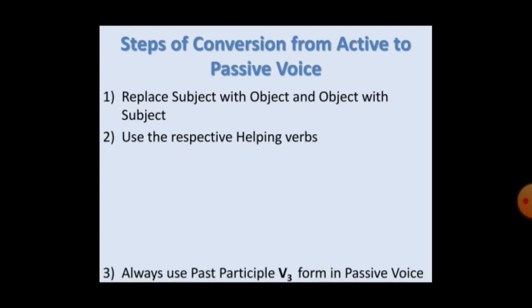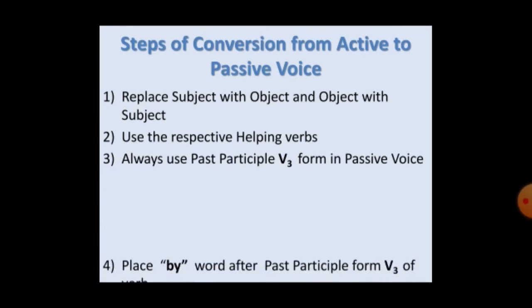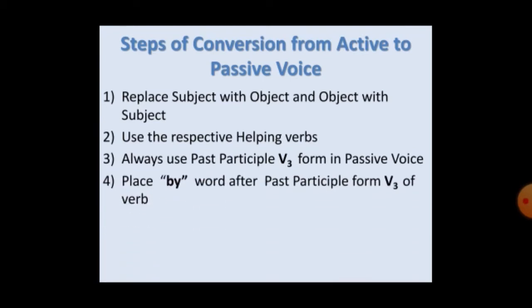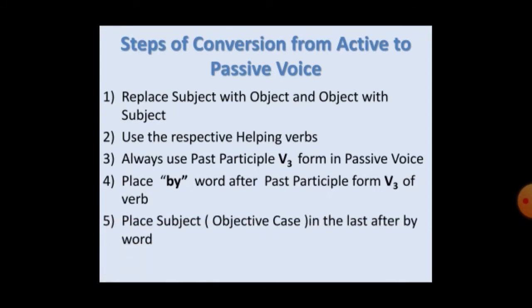Always use the past participle form, meaning the third form, in passive voice, and before the agent or subject we use by. After the verb or before the subject we use by, and in the last we place the subject in its objective case, which I told you about earlier in the slides.